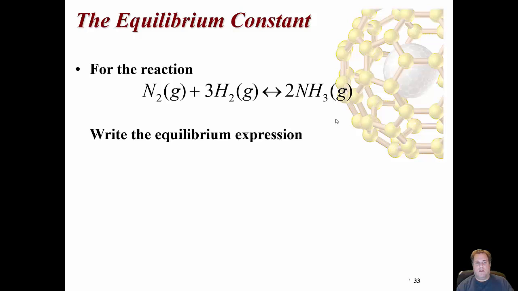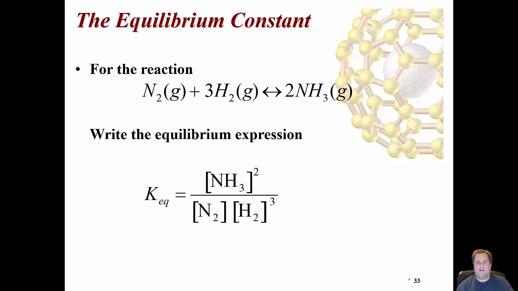Okay, so let's look at the answer. Once again, we're going to start with the products in the numerator, which is NH3 raised to the second power. And maybe we can get the slide to change and bring the answer up. There we go. So we have NH3. Remember, we do need the brackets.